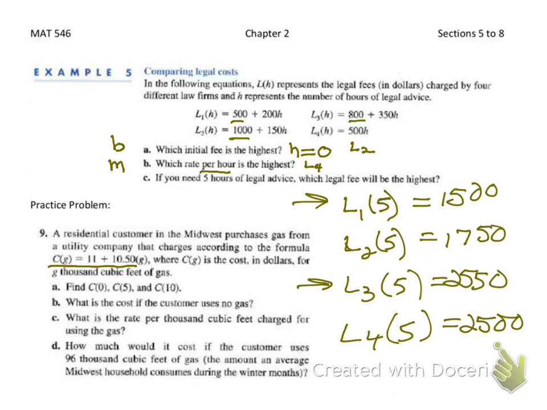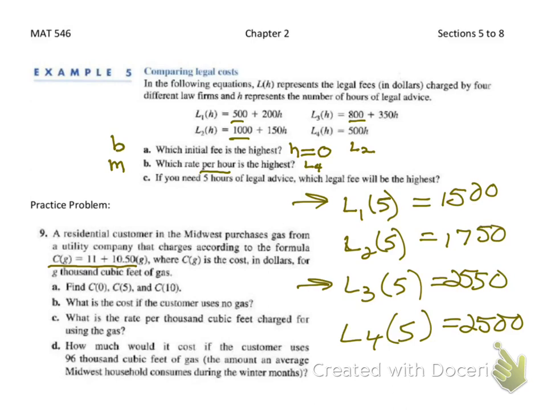You would just put in a 0 for your X. You would get $11 would be the fee. If you plug in a 5, it's going to be 11 plus 10.5 times 5. If you plug in a 10, it'll be 11 plus 10.50 times 10.